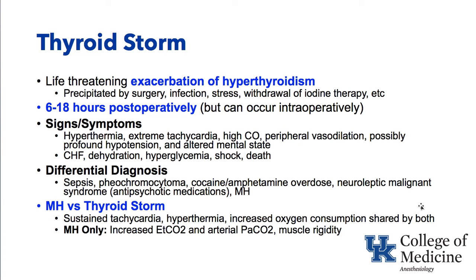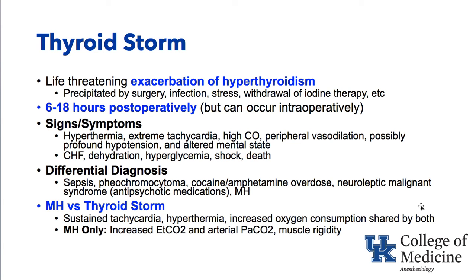There's lots of other things that can look like thyroid storm: sepsis and pheochromocytoma and cocaine or amphetamine intoxication and neuroleptic malignant syndrome, which is associated with antipsychotic dopamine blocking medications, and even MH. So if you were in the intraoperative period and had hyperthermia and tachycardia, you would think, is this MH? And could it be MH versus thyroid storm?